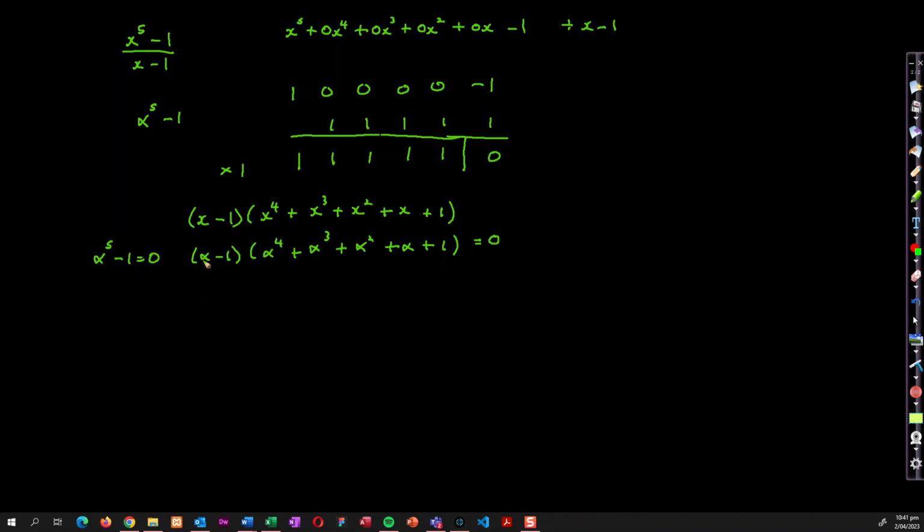Now that means that alpha equal to 1 is a solution, but we're told that alpha is complex, so it means that this here is the part that we want.